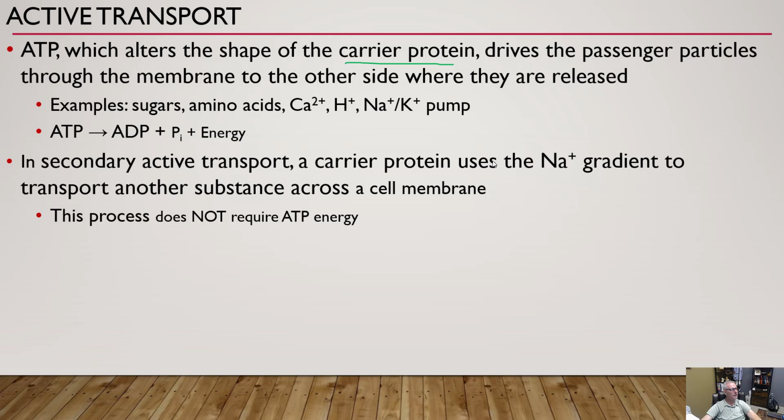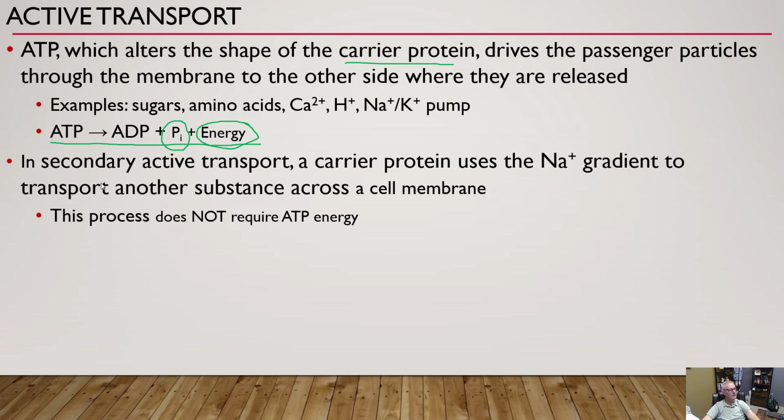Here's our equation. We will be talking about this equation a lot. ATP, adenosine triphosphate. So we have our adenosine molecule with 3 phosphates attached to it, going to ADP, adenosine diphosphate, plus our third phosphate plus energy.